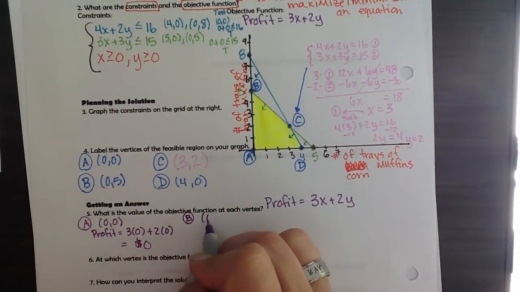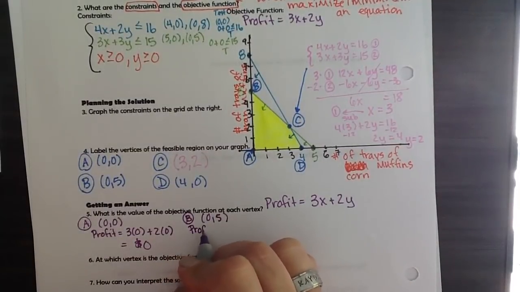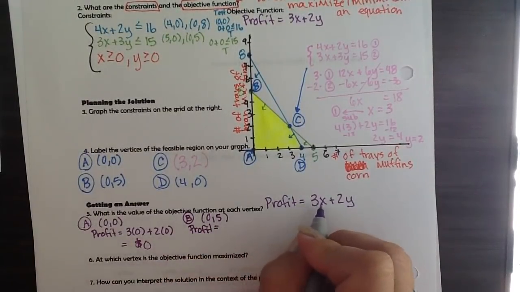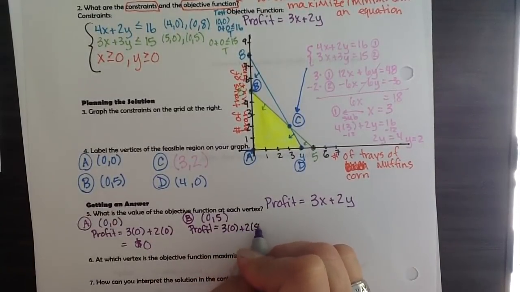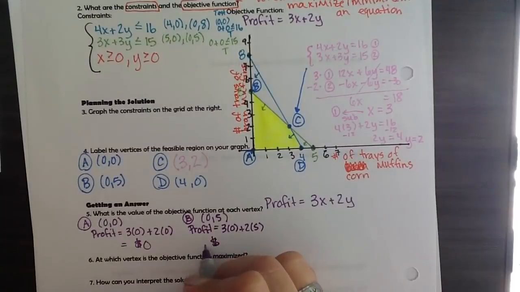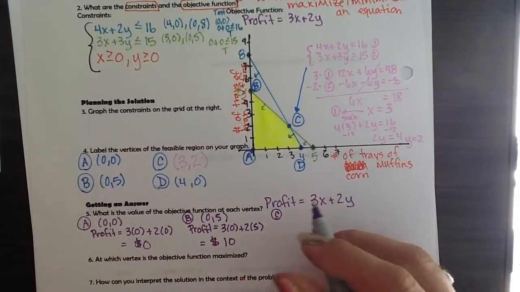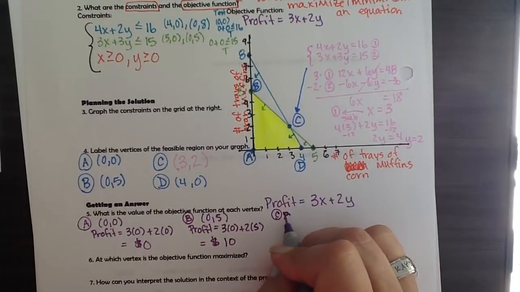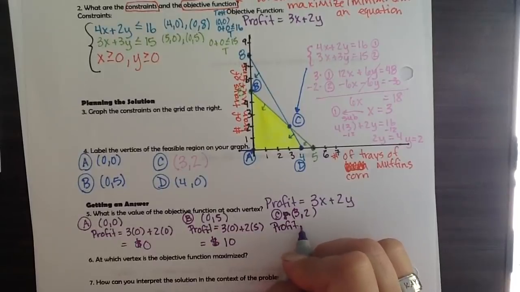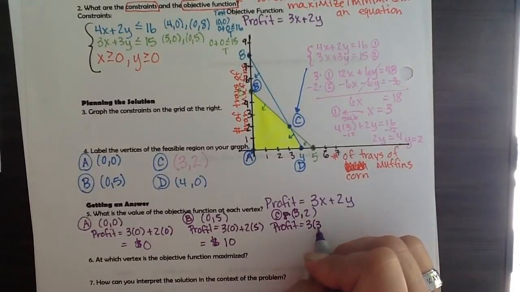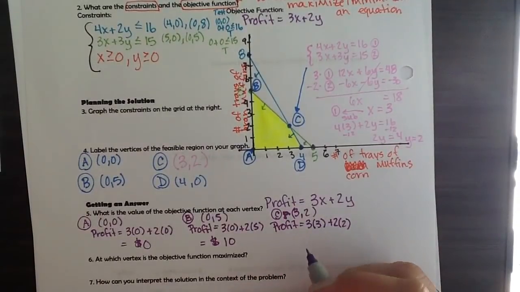For B, which was 0, 5, the profit will be 3 times x, so 3 times 0, plus 2 times y, which is 5. So that's going to be $10. C, which was 3, 2, profit will equal 3 times x, so 3 times 3, plus 2 times y, 2 times 2.